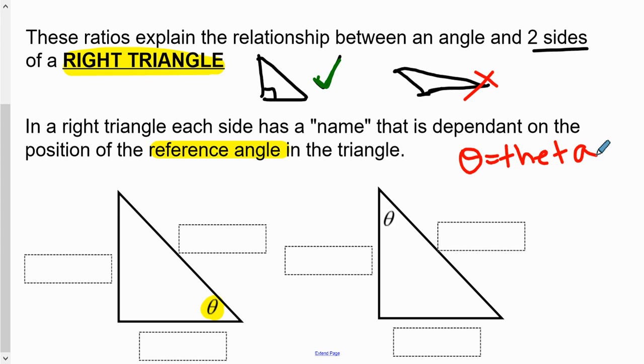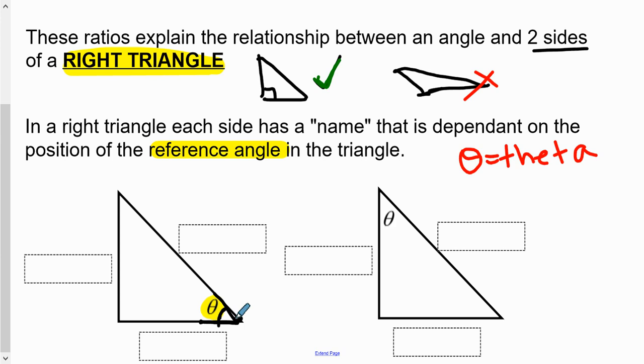We use x's and y's for points. You might see x's and y's here as well, but generally we're using theta to mean this is an unknown angle, being the amount of rotation from one arm to the other. How far does this open? What is the angle of rotation based off of this point in the corner here, this vertex of the triangle?